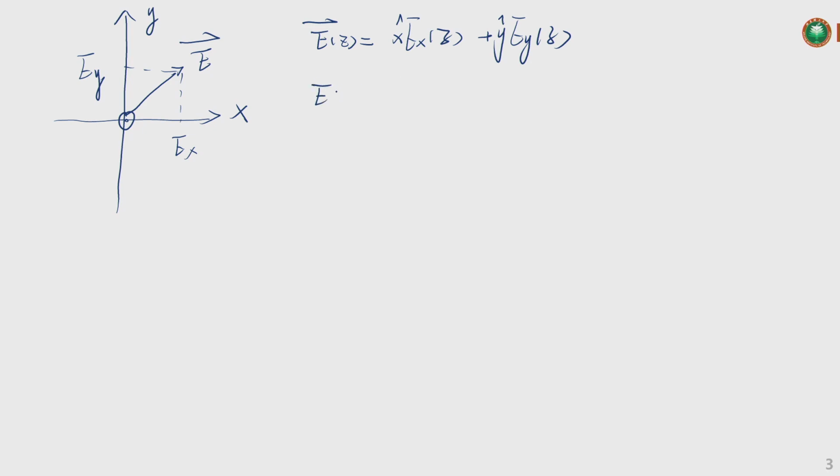Ex and Ey are phasors: Ex0, the electric field at position z equals 0, times a propagation term, and Ey is the same, with the initial amplitude times e^(-jkz).